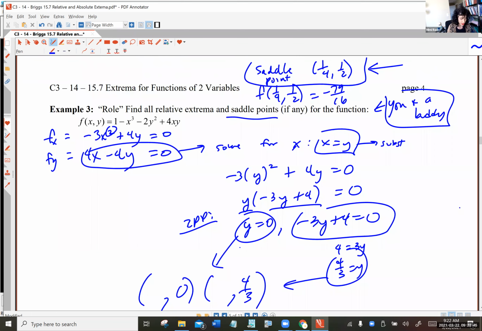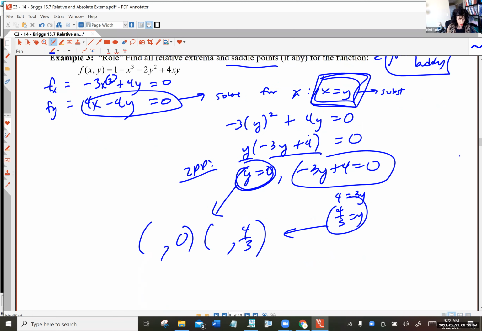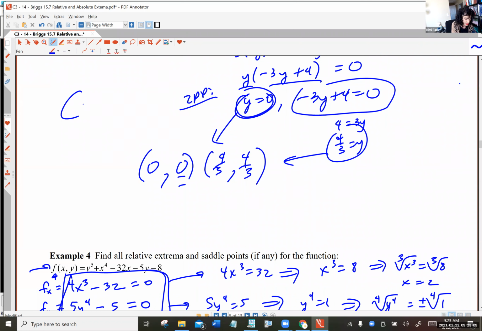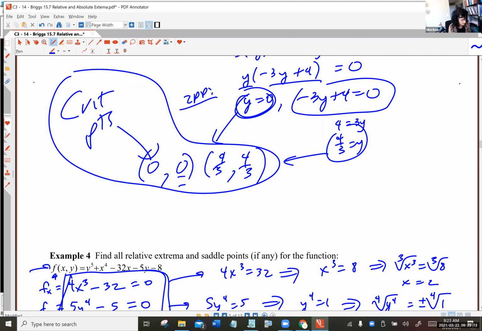Now, you can either plug the y values back into one of the original equations, or you can use the fact that we already solved for x in terms of y. x is the same as y. Cool beans. Does that always happen? No. But here, if y is 0 and x is the same as y, we got (0, 0). And when y is 4/3, x is the same, so x is also 4/3. So these are the two critical points right here. There you go. You got them.